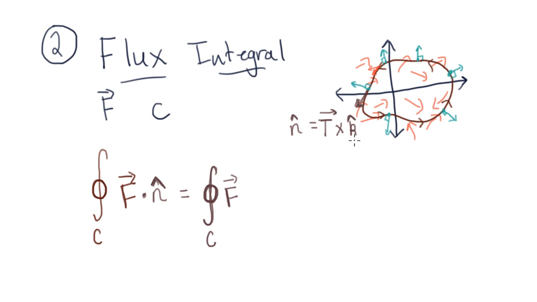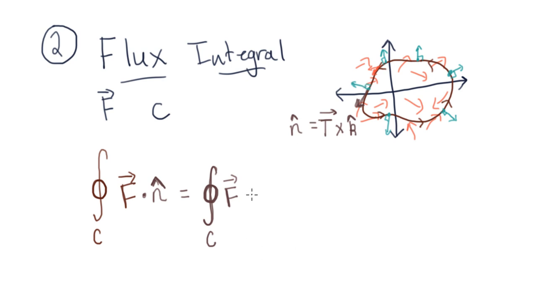Just do your right-hand rule if you forgot about that: if I point in the tangential direction and curl towards the positive z direction, or out of the page towards me, my thumb points normal and out of the curve.